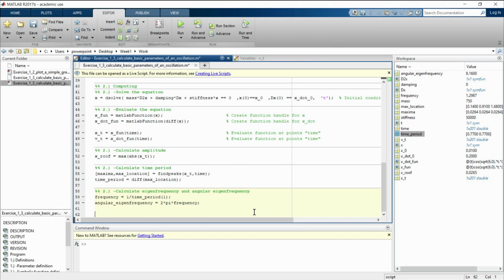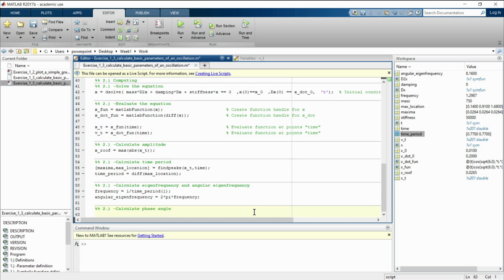In order to calculate the phase angle, first of all, we define again another section, which is called calculate phase angle. And now we want to find the 0 crossing points of the velocity. And in order to do that, we first of all have to find the signs of the velocity function.